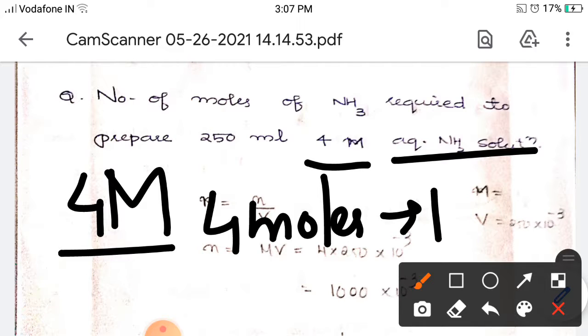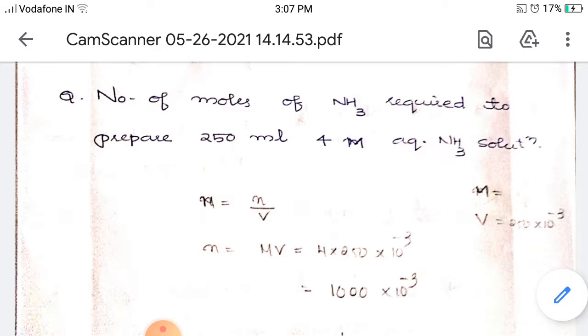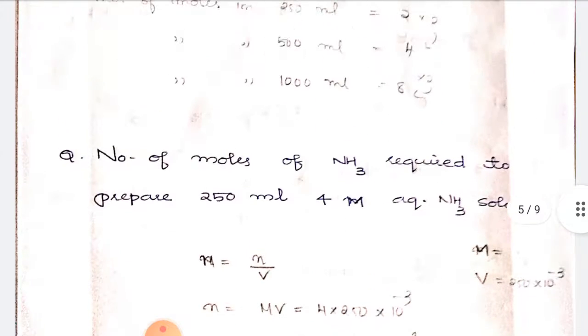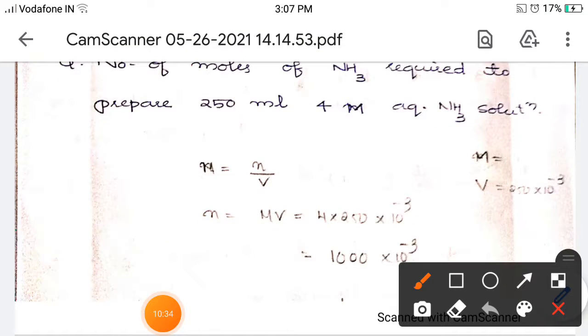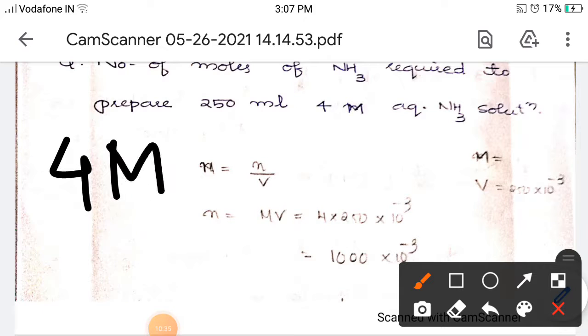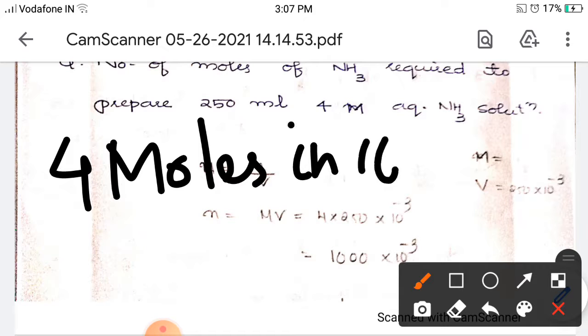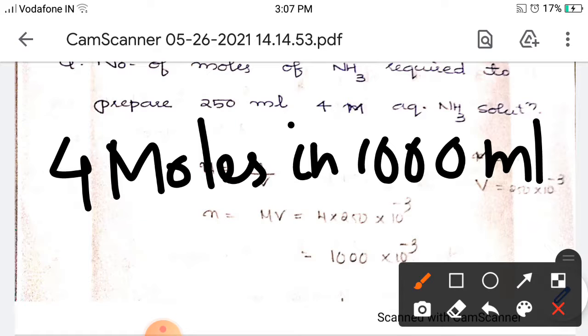That means 4 molar means 4 moles in 1000 ml solution. Now, 4 moles are present in 1000 ml solution.